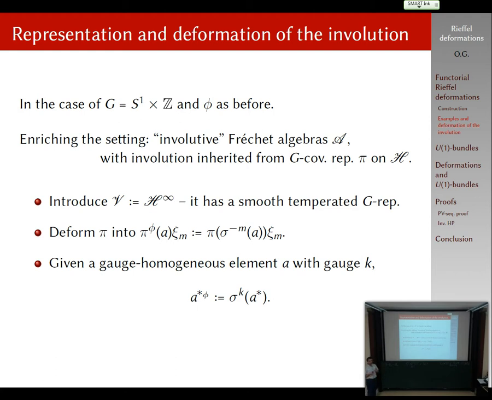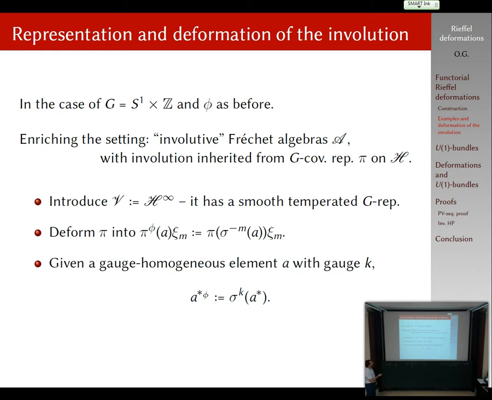And now we can ask, if I consider the deformed representation, what happens, what is the adjoint? Is the adjoint deformed by this deformed representation? And the answer is, so what you have here is that we're looking at an action of S1.